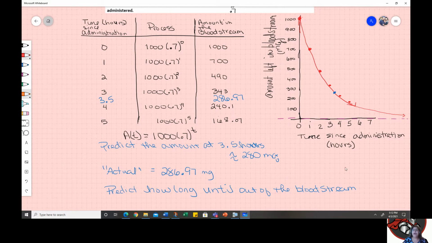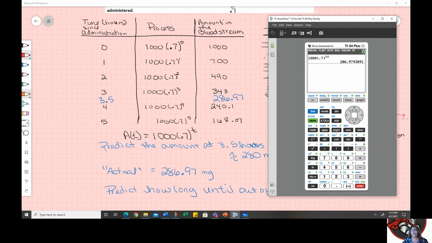For that, we're going to go back over to the calculator because it's easier to show you this visually. So we're going to do our 1000 times 0.7 to the x power. We're going to go look at our table.